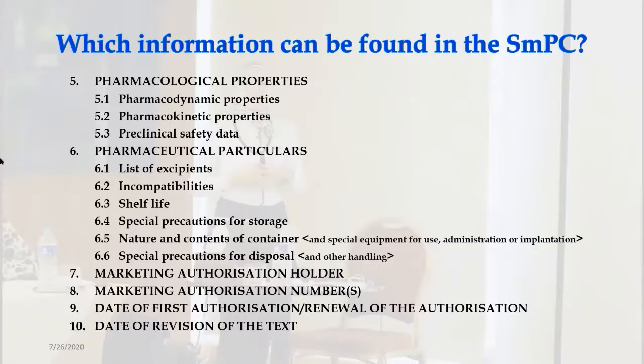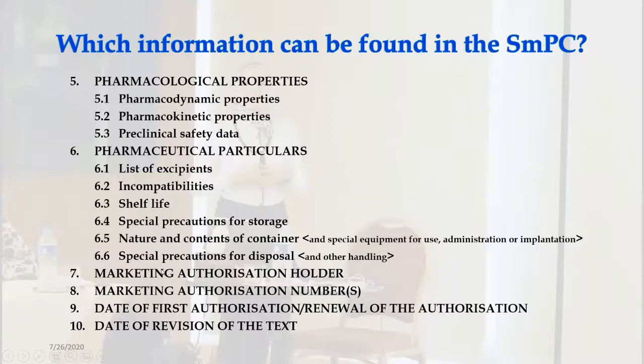As well, under the pharmacological properties, we have to specify the pharmacodynamic properties, pharmacokinetic properties, and preclinical safety data, and the pharmaceutical particulars like the list of excipients. We have to specify all the raw materials and excipients used, specifically in this section. And we have to specify the incompatibility information and the shelf life of our drug product, and if there are any special precautions for storage, the nature and contents of the container, and the special precautions for disposal.